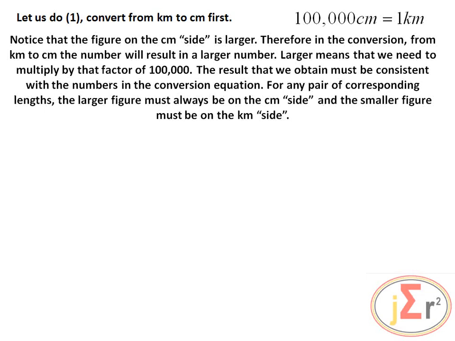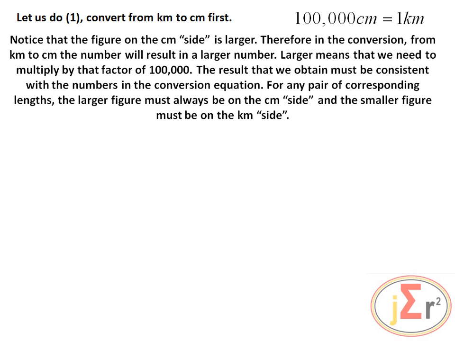Notice that the figure on the centimeter side is larger. Therefore, in the conversion from kilometer to centimeter, the number will result in a larger number. Larger means that we need to multiply by that factor of 100,000. The result that we obtain must be consistent with the numbers in the conversion equation.